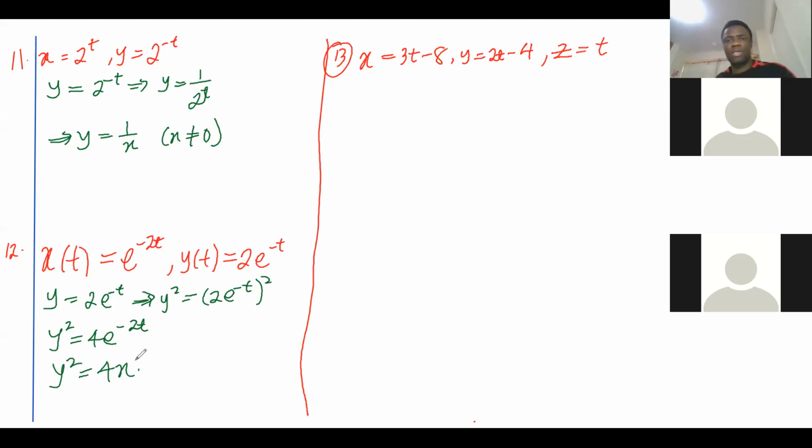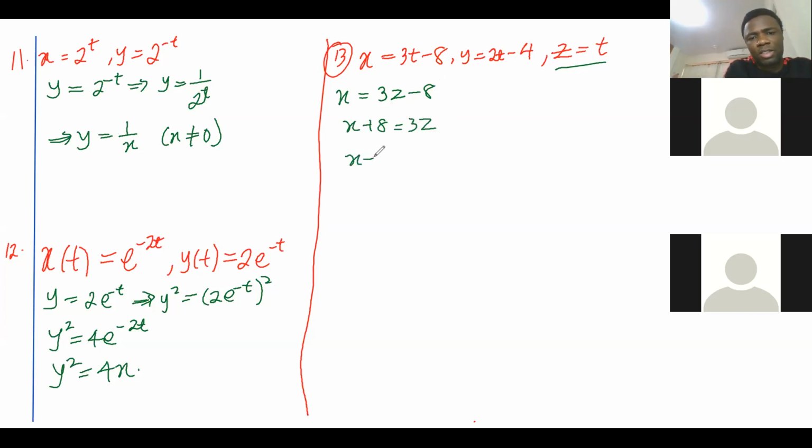Last but not the least, this is what led to all this. Z is already in terms of X, so definitely X equals 3Z minus 8, from which x plus 8 equals 3z, from which x plus 8 divided by 3 equals z.